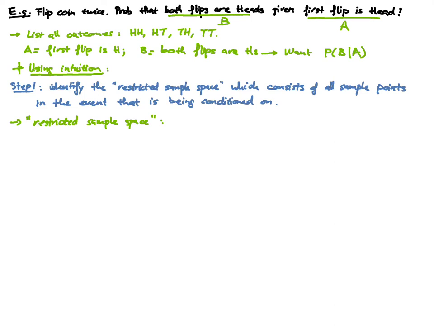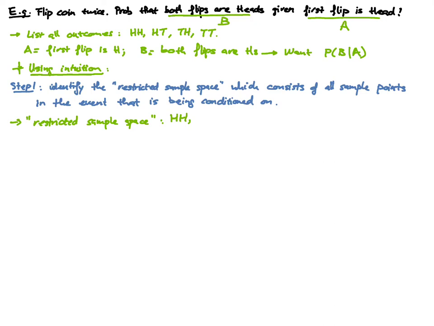So let's look at our outcomes and see which ones belong to A. First off, we have head-head. Is the first flip a head? It is, right? So it belongs in our restricted sample space. For the second outcome, we have head-tail. Is the first flip a head? The answer is yes.